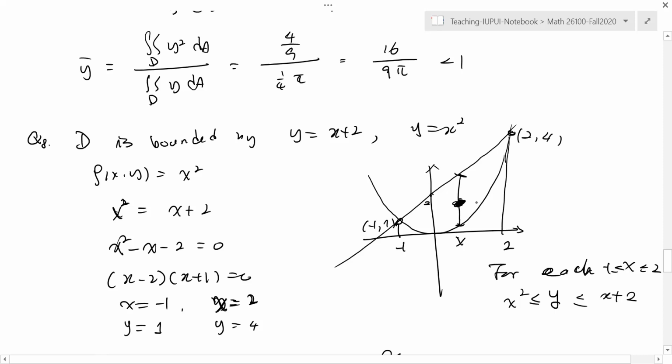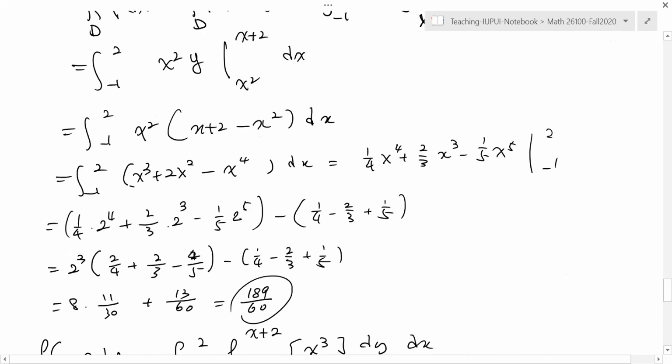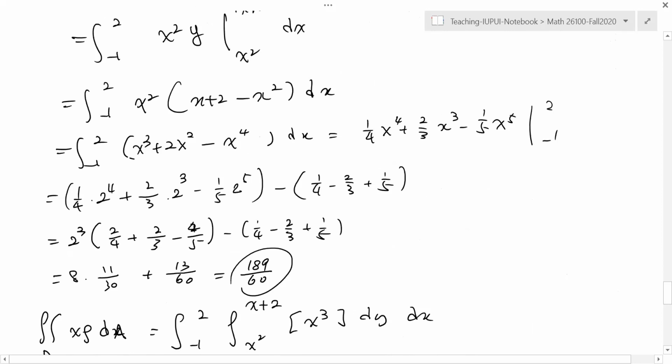Okay, this is an x bar, y bar. If we get a very strange number, make sure this center is somewhere inside this region. If it's not, then there's a computation mistake.